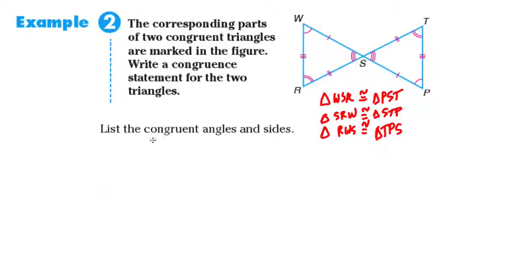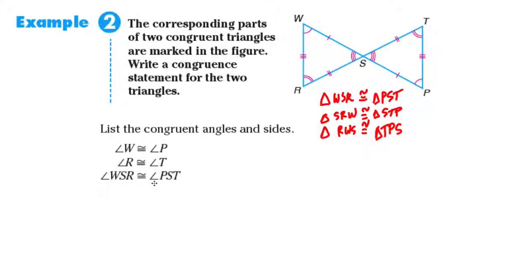And after doing that, after finding our statement for the congruence of triangles, we can now list our congruent angles and sides. So we know that angle W is congruent to angle P. We know that angle R is congruent to angle T. And we know that angle WSR, because they're both named the angle S, so we name this angle with 3 letters.